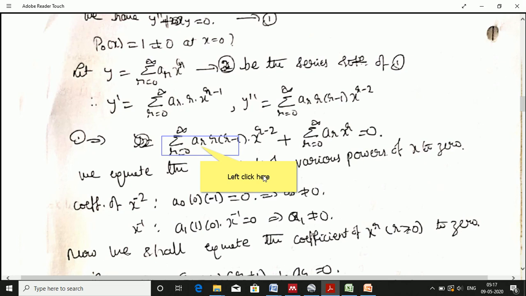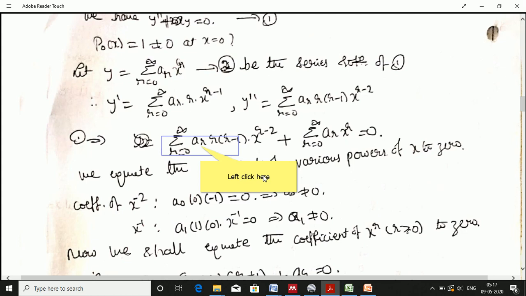When r equal to 0 in the first term, a0 into 0 into 0 minus 1, which is minus 1, x to the power of 0 minus 2 is x power minus 2. And in the second term, when r equal to 0, x power 0. Among x power 0 and x power minus 2, x power minus 2 is the least power. Hence, equate its coefficient to 0.